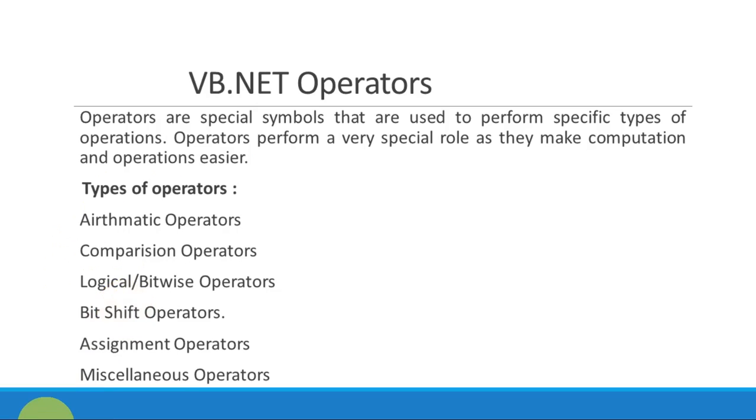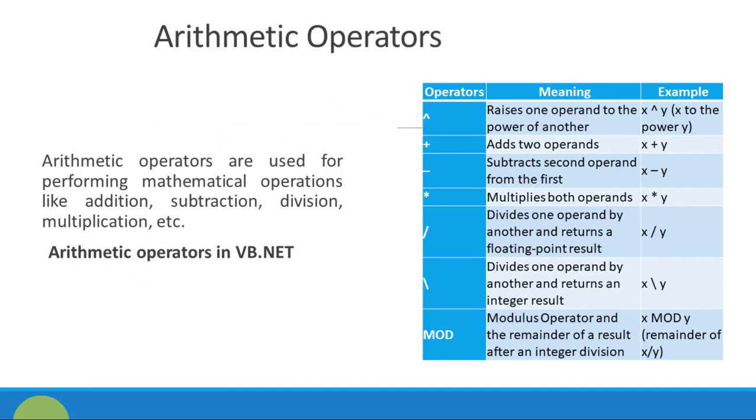Now let's discuss the arithmetic operators. Arithmetic operators are used for performing mathematical operations like addition, subtraction, division, multiplication, etc. These are the arithmetic operators available in VB.NET. The first one is the addition operator, which adds two operands.